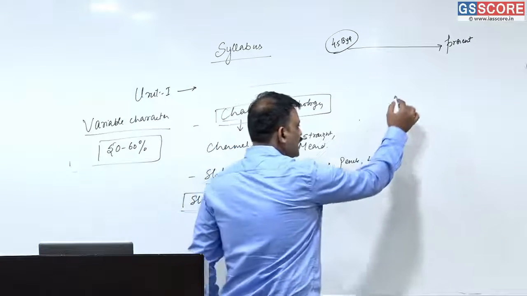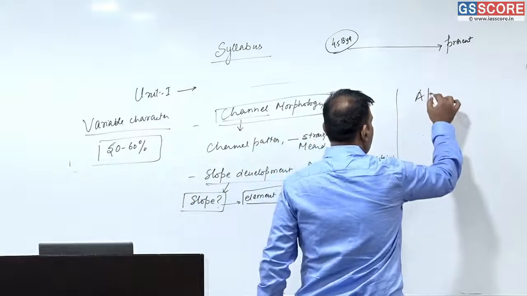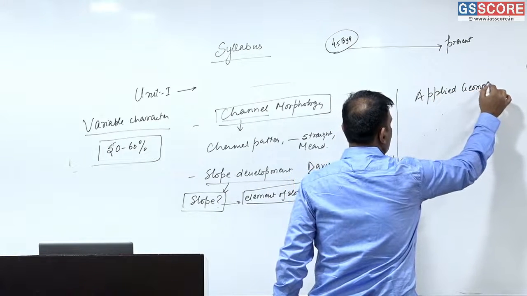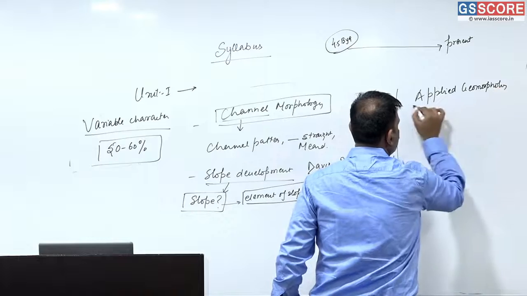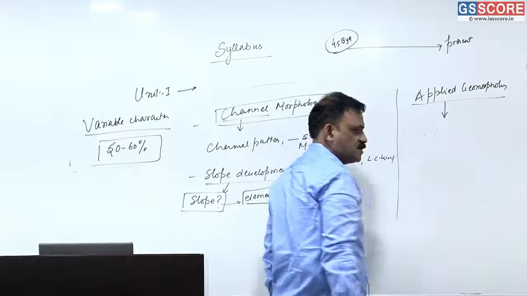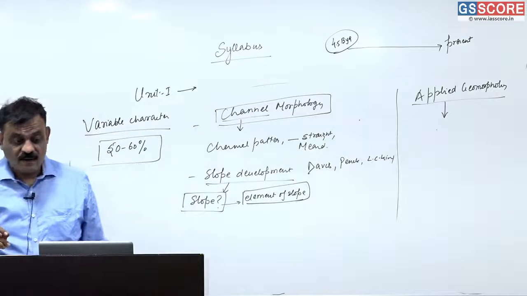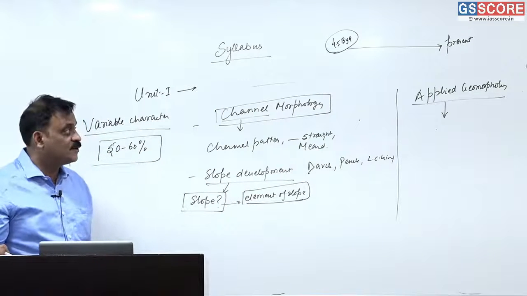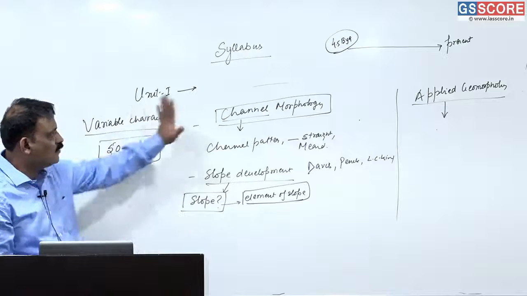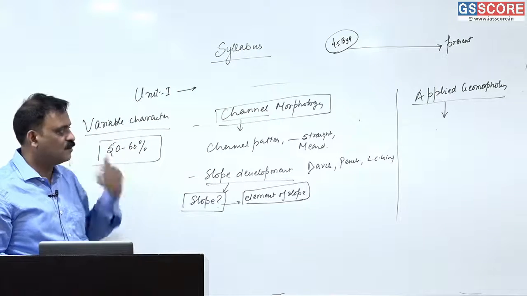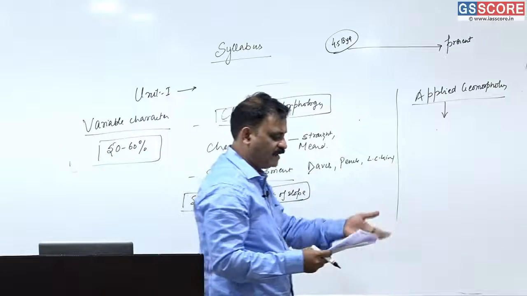Another last topic of your geomorphology, the last topic that you are expected to study in the context of geomorphology is applied geomorphology. Okay, applied geomorphology means whatever fundamental knowledge you have acquired from all the topics that you have studied in geomorphology, now you apply them.